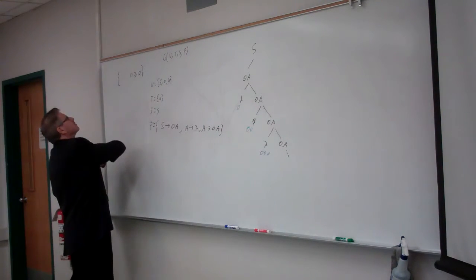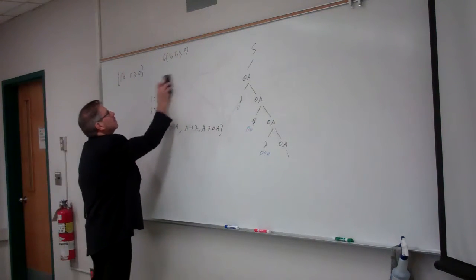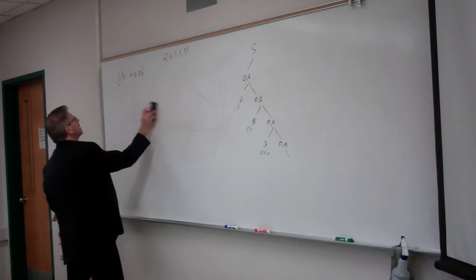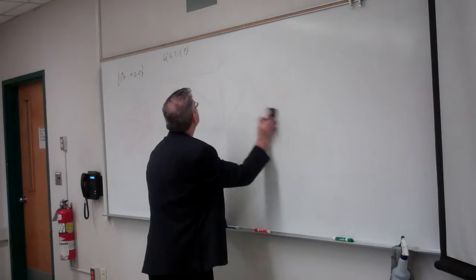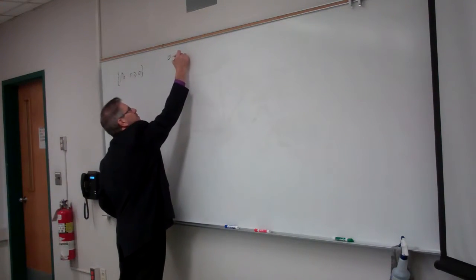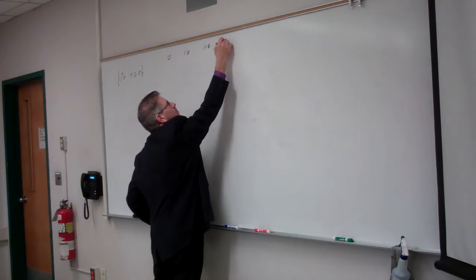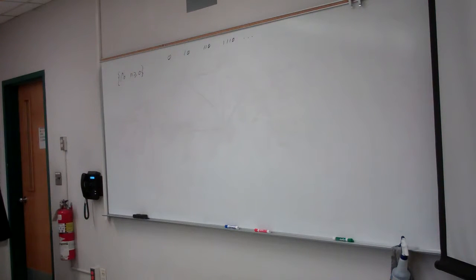All right, what about 1 to the n followed by 0, where n is bigger than or equal to 0? So we want to pick up strings. I think we solved similar ones, but we didn't do this one.